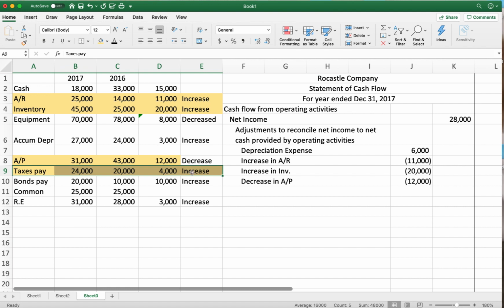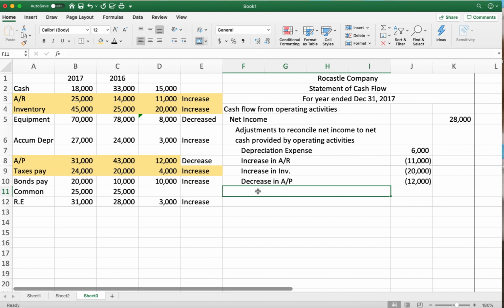Okay. Next, we have taxes payable. So what is the impact of taxes? Well, we see that within the year of 2017, it actually increased. So we have an increase in taxes payable.